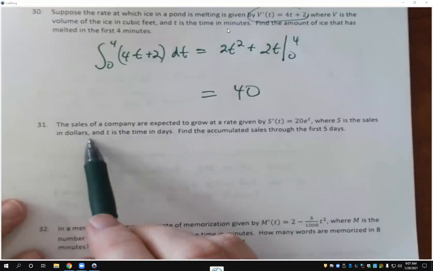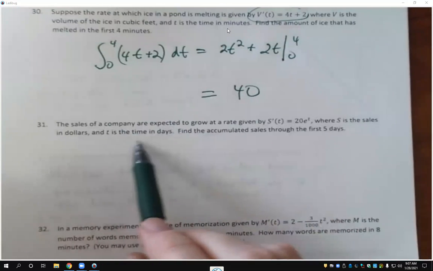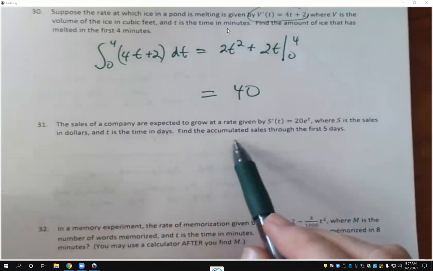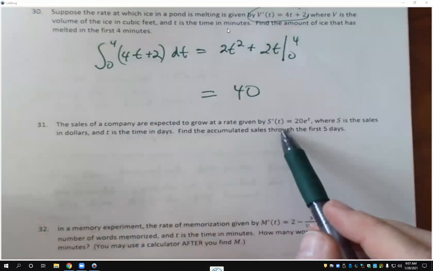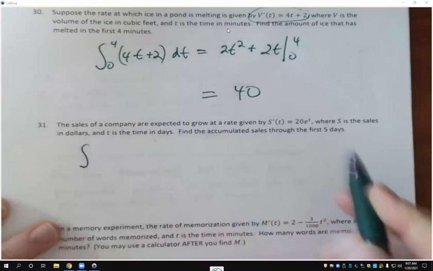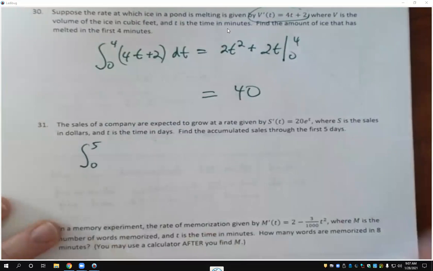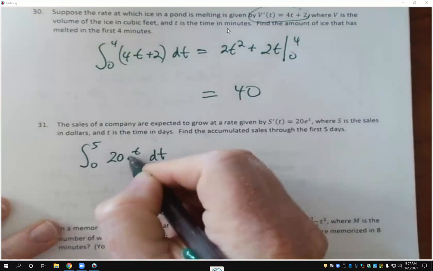All right, 31. The sales of a company are expected to grow at a rate of, okay, where S is the sales in dollars and t is the time in days. Find the accumulated sales. That's the total amount of sales, okay? When we integrate a rate, we get a total, okay? Every time we're just doing the same thing in the first 5 days. So 0 to 5, 20 e to the t dt.